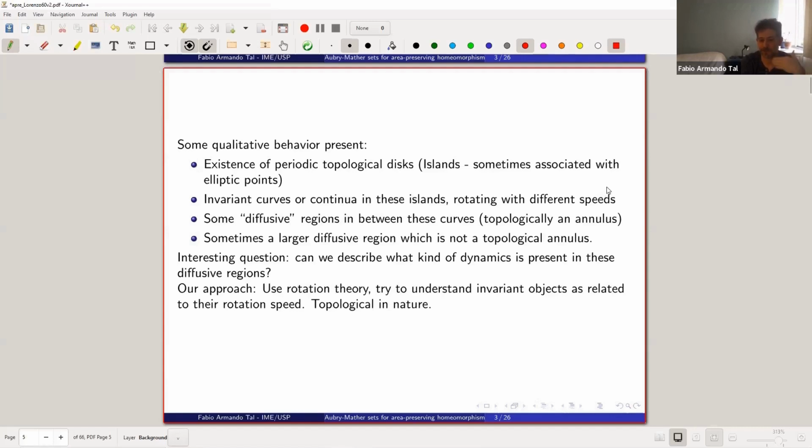So it's to try to detect objects and to describe objects, at least looking at how they turn around. So you have an annulus, and you have some invariant objects here, and you want to say, okay, are these orbits turning around in the annulus with some prescribed speed, and can I detect different dynamics just by looking at the speed that things are turning around in the annulus?